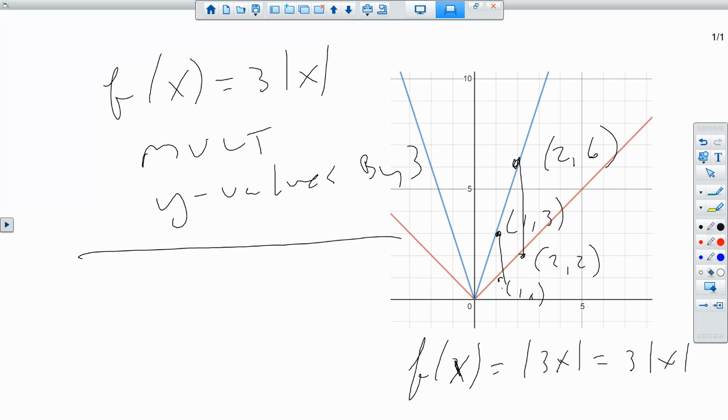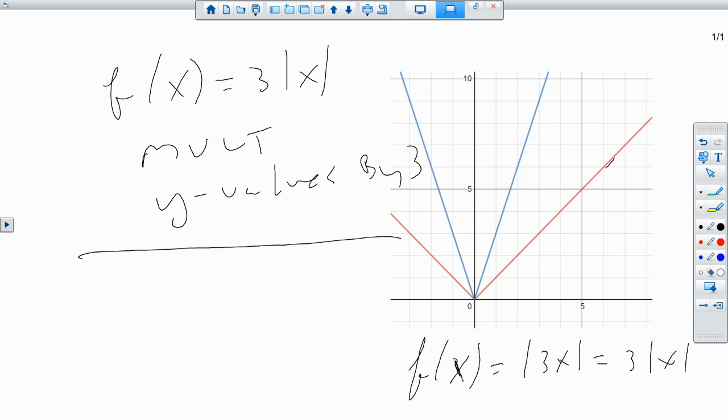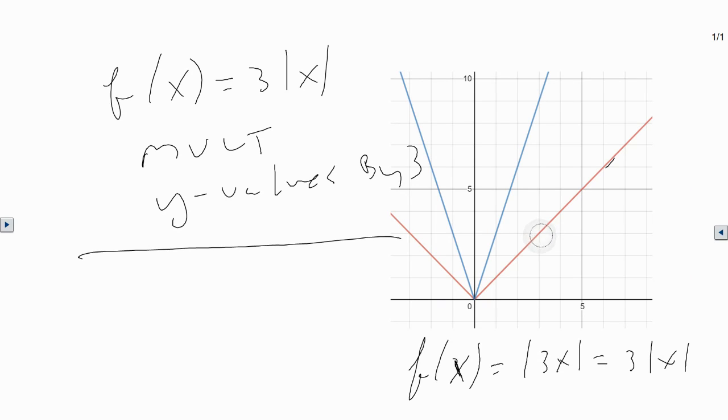So that's what vertical dilations do, and I think they're a little more obvious, but I think that once you understand what horizontal dilations are doing, it'll make sense also. So with a horizontal dilation, we're taking a point from the parent graph and we're moving just the x value. Let's find a nice point here.